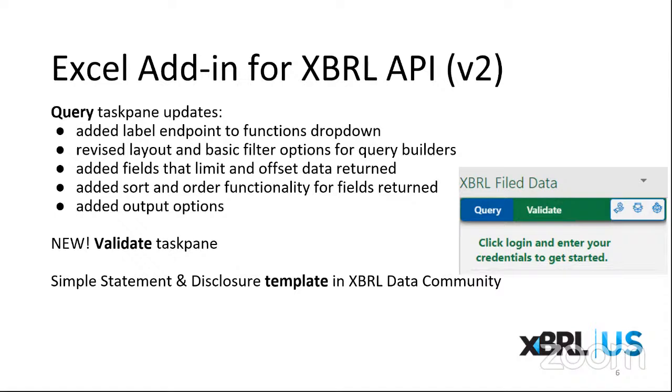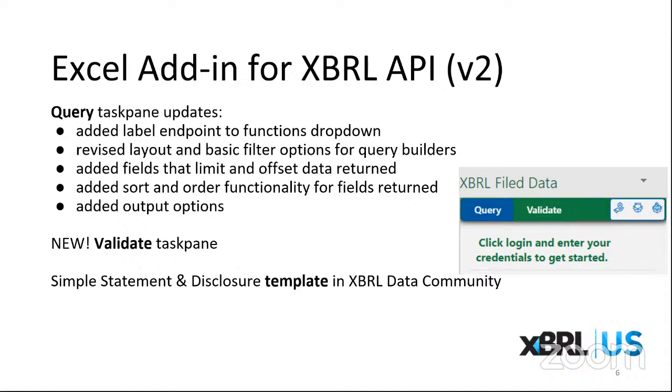You really want to be careful because you can get a lot of data back really easily, but it may not be the data that you want, and you might spend a whole lot of time sorting and sifting. So this task pane that's in Excel is really designed to help get you started, but it is not the only way to get the data. Manipulate the templates, manipulate the formulas, and really you'll get what it is that you're looking for.